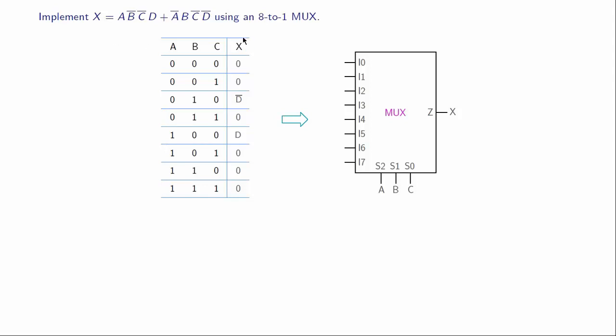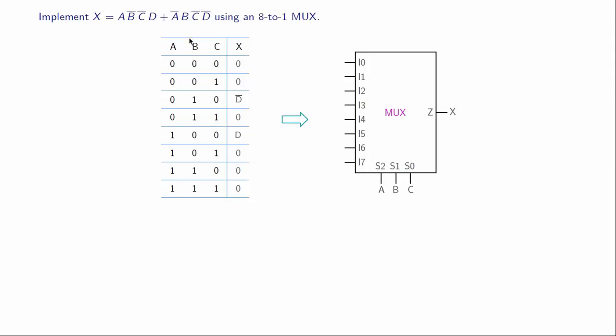Now to complete this column, let us look at our minterms. This first minterm has A, B bar, C bar, and this part is 1 when A is 1, B is 0 and C is 0. That is 1, 0, 0 here. And when that happens, our x becomes equal to D, and this part of course is then 0. So that is why we have x equal to D over here.